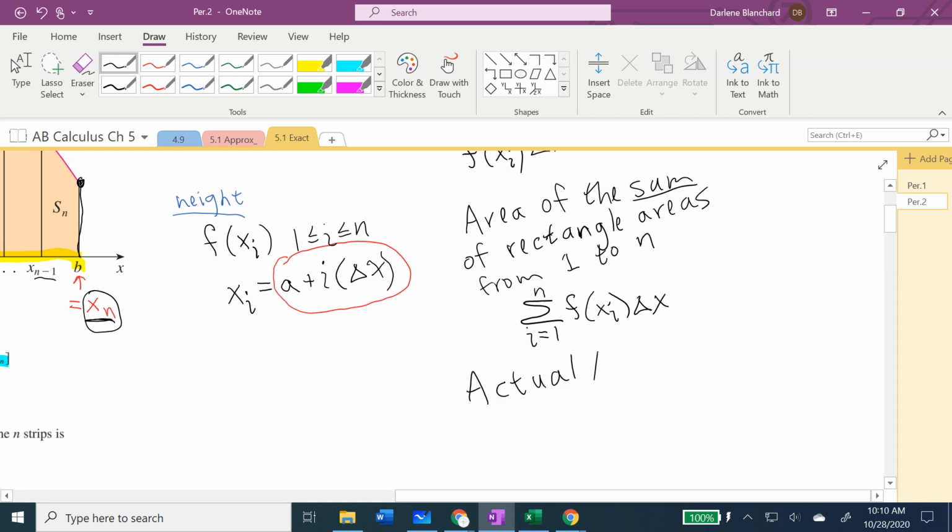So the actual area between a function and the x-axis over the interval a to b is the limit as the number of rectangles approaches infinity of the sum of rectangles numbered i through n, and their area is found by multiplying the function's height times the width, and you can refer to those two formulas.